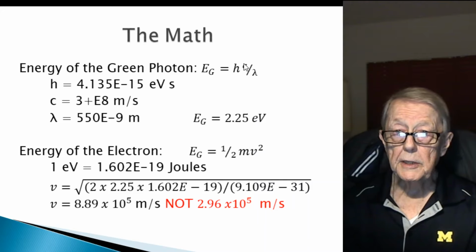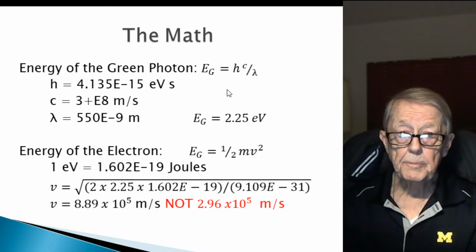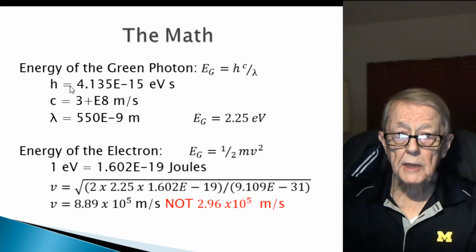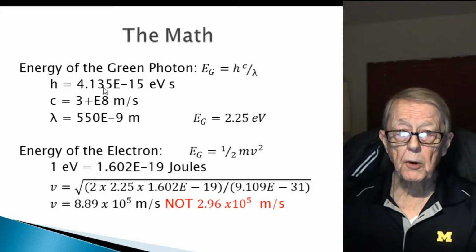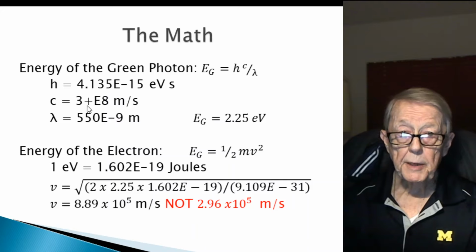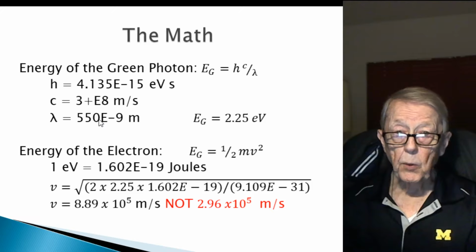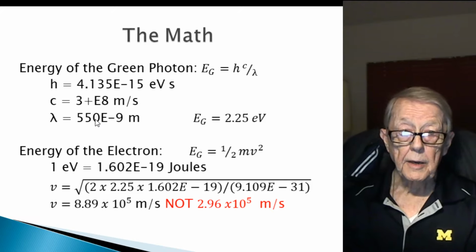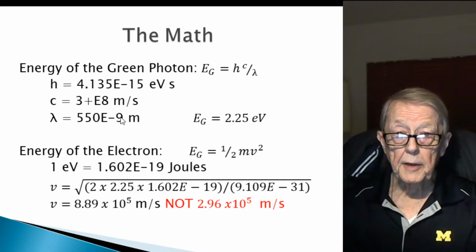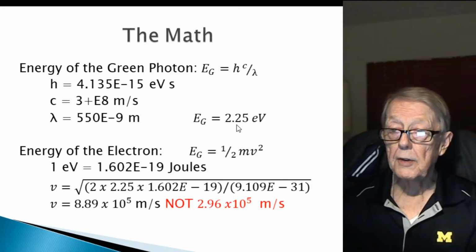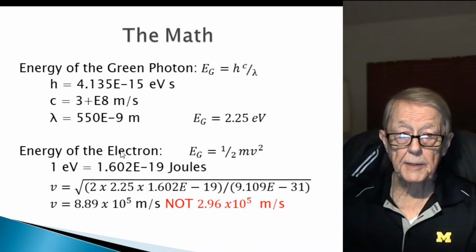Frequency is actually speed over wavelength. Planck's constant in terms of electron volt seconds is 4.1 times 10 to the minus 15. Speed of light, 3 times 10 to the 8th. And the wavelength of the green light is 550 nanometers, that is, 10 to the minus 9 meters. When you calculate, you get 2.25 electron volts, just like the chart said.